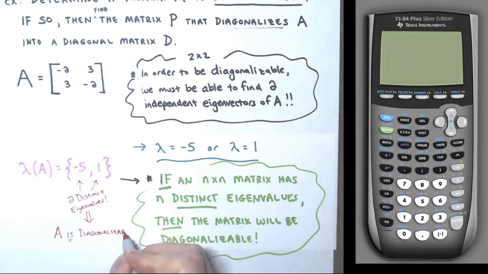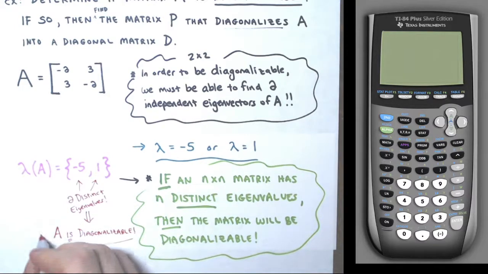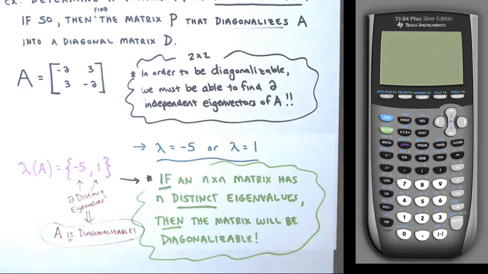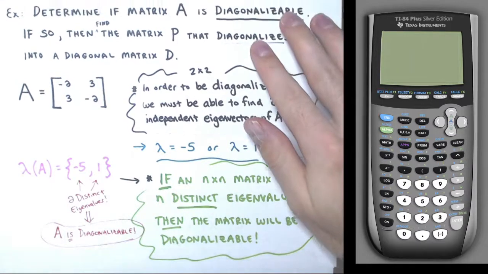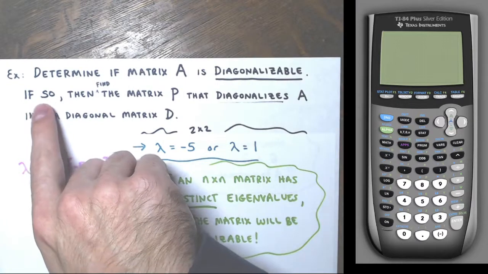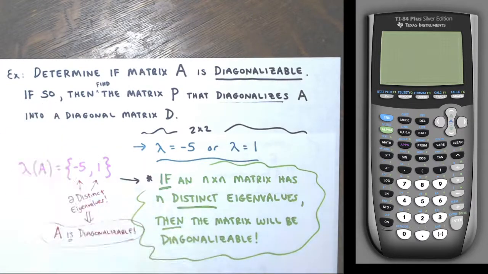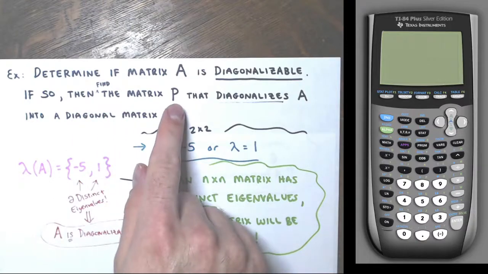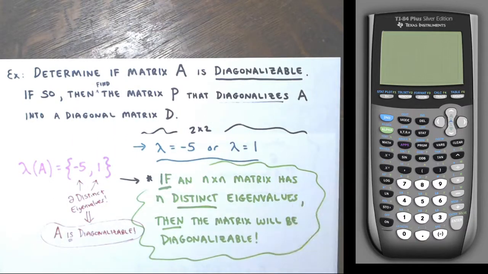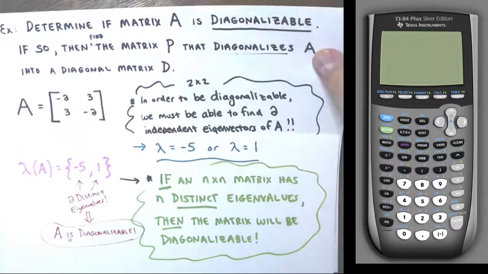Now if that was the only question I was asked, I'd be done. But remember, the second part to this example is, if I've determined that it is diagonalizable, then let's go and find that matrix that diagonalizes it. Find that invertible matrix P that diagonalizes A into a diagonal matrix D.